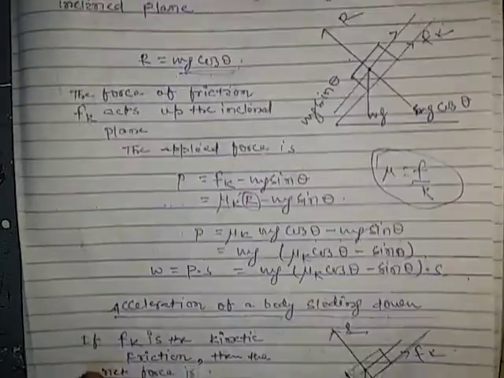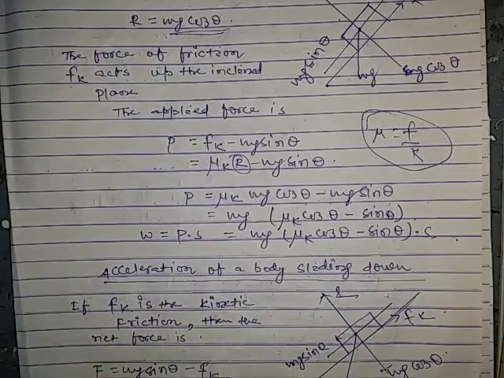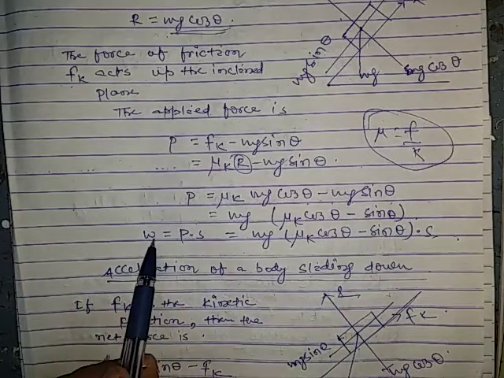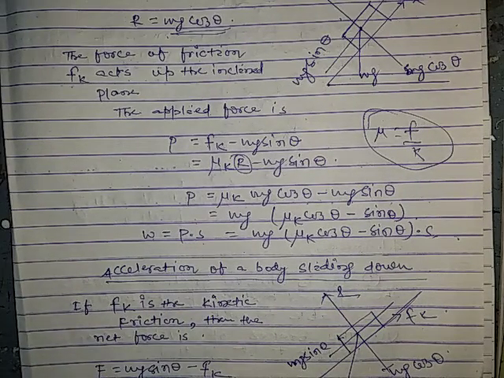As mg is common, P is equal to mg times mu k cos theta minus sin theta. Work done W is equal to P into S, force into distance.